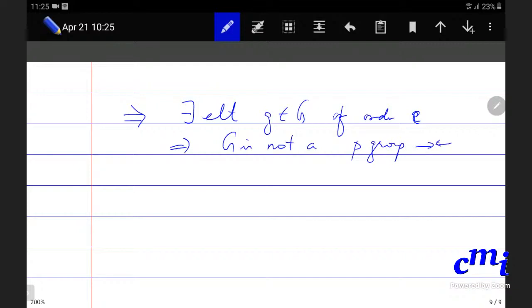Contradiction. I mean, yeah, we do not write it as a contradiction. We can say that Q be a prime that divides the order of G. There exists an element, therefore that would force Q to be P. Okay?